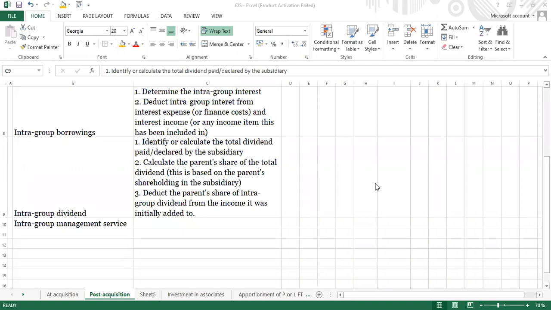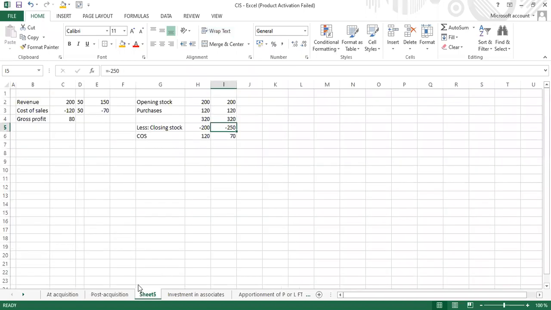My question, I raised my hand. My question is on the sale of PPE, because it was explained that at the acquisition date there's a transfer of PPE.